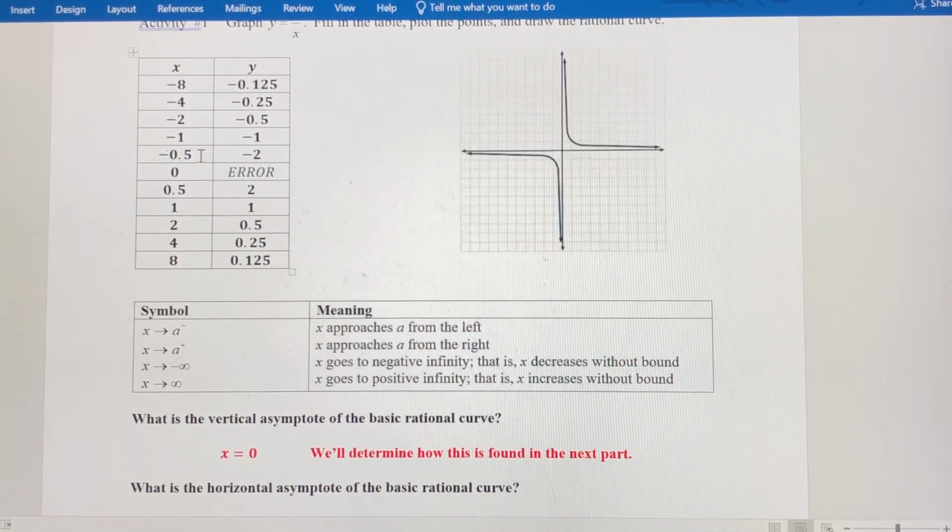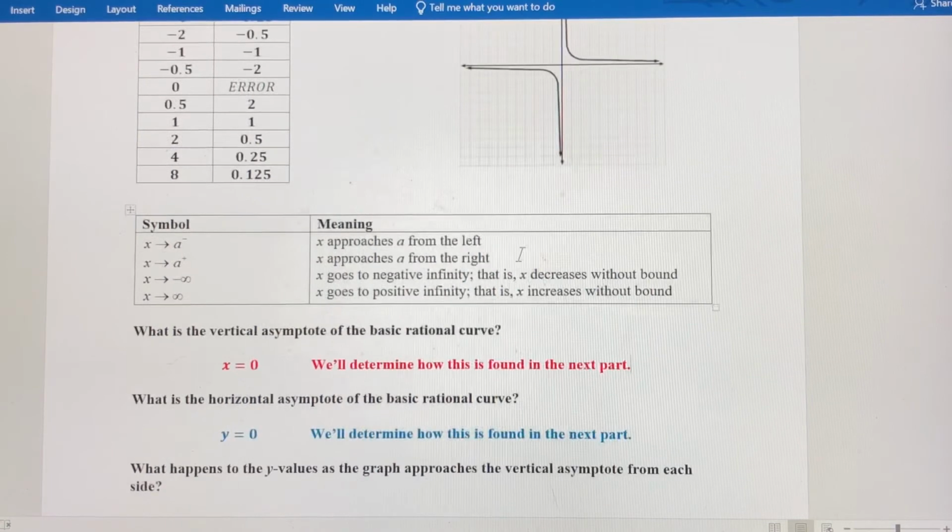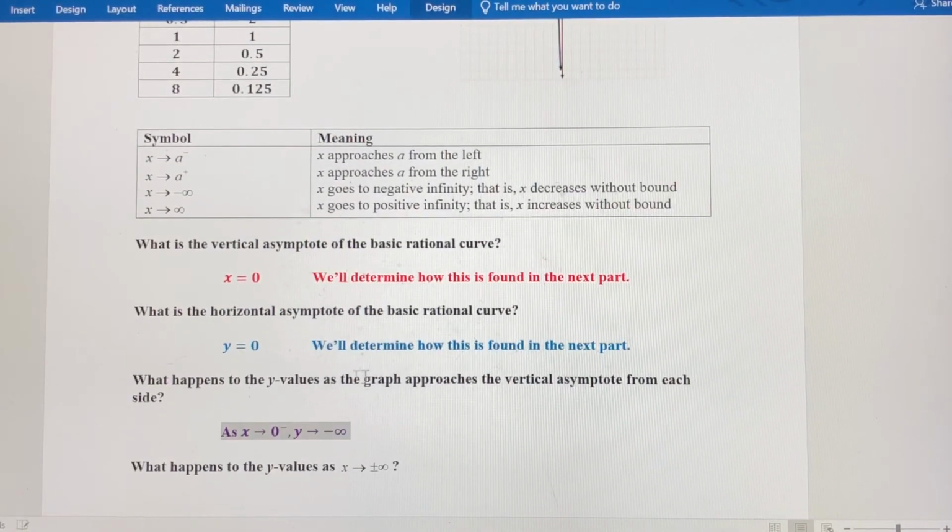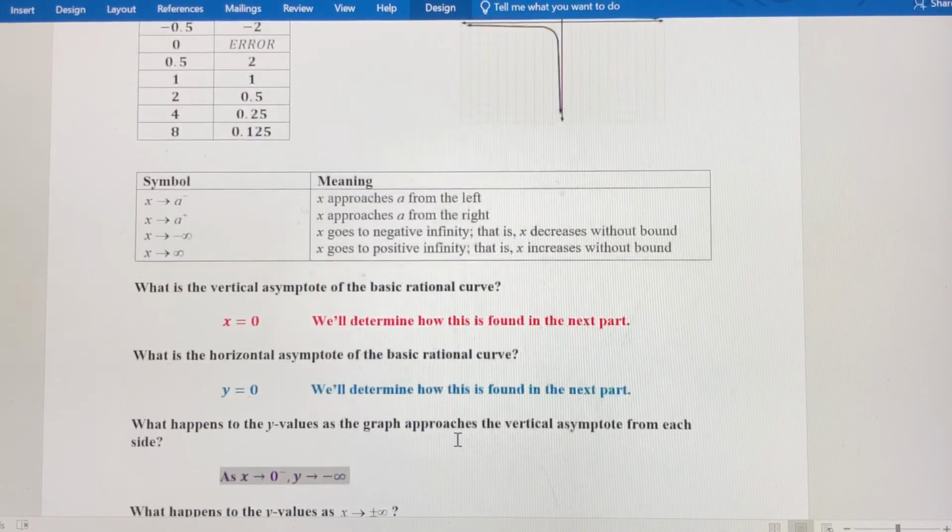If I plugged in negative 1/10, this would be negative 10. So the magnitude gets larger and larger. We're still going down, so it's going towards negative infinity. As x approaches 0 from the left, y approaches negative infinity.